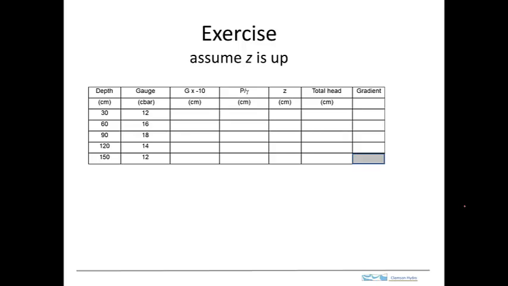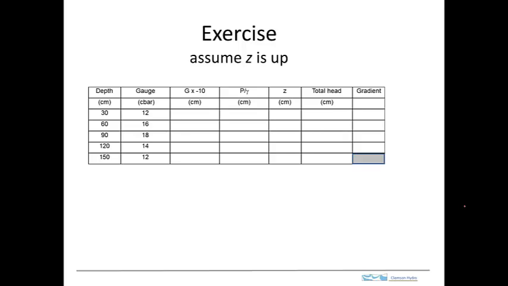Tensiometers are often grouped together as clusters with the porous cups set at different depths. This is useful because it allows you to measure the pressure head at different depths. You can determine then the hydraulic head at different depths. You can determine the head gradients. You can estimate whether the water is flowing up or down. And if you know the hydraulic conductivity, you could even then estimate what the flux is.